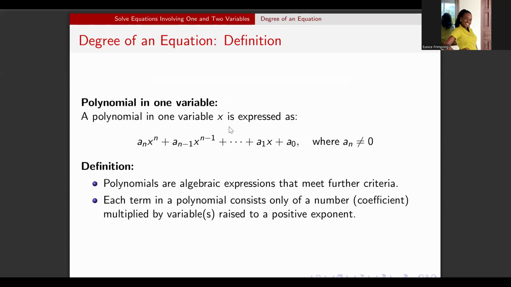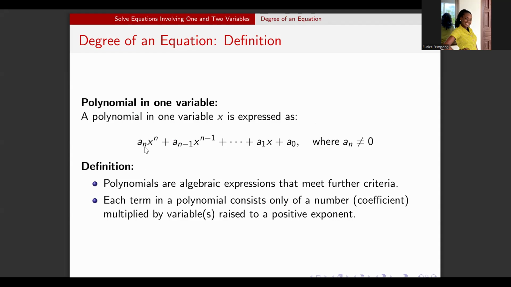Let's start by looking at what a polynomial is. So a polynomial in one variable x is expressed as a_n x to the power n plus a_(n-1) x to the power n minus 1, plus all the way to a1x plus a0, where each of the a's is not equal to 0.